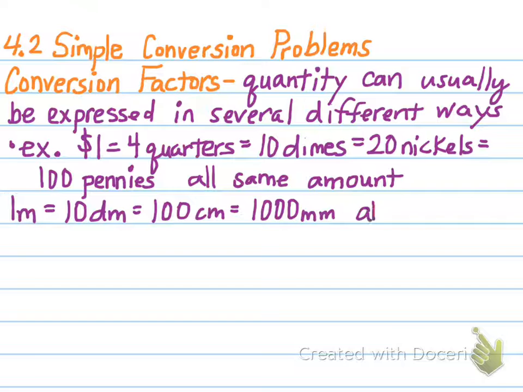They're all the same length. If I ask someone to take a 1 meter step, or a 10 decimeter step, or a 100 centimeter step, or a 1,000 millimeter step, I would be asking them to take the same distance or length step. There's just different ways to express the same amount, just like there is within money.